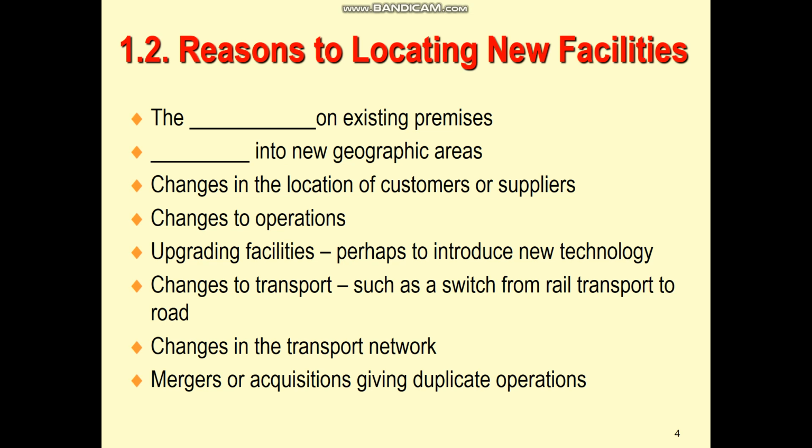So you think, oh, I want to open a new branch, maybe in Binh Tan district. So you have to find and locate a new store, right? So the second reason is the expansion into new geographic areas.